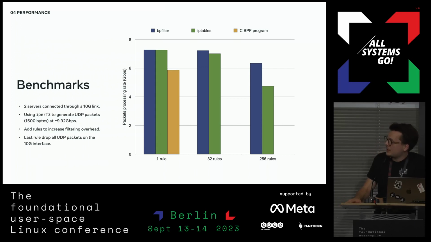We can see that if we've got just 1 rule, it doesn't change much compared to iptables. It kind of makes sense. The hook for input in that case is located at the same place as the iptables input chain, so it's running just after.